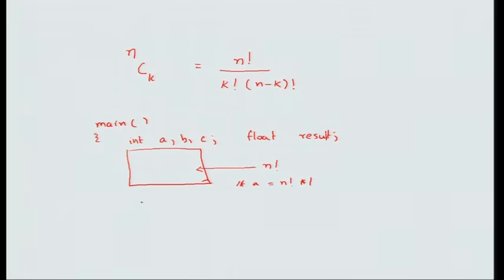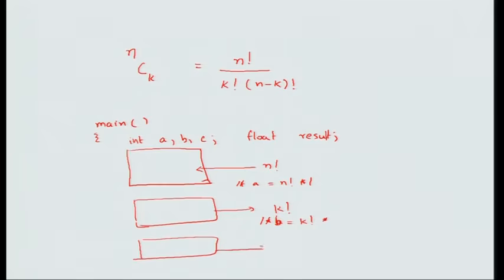Then I'll have another block of code which will calculate k factorial, and then this will say b equal to k factorial. And a third block of code will calculate n minus k factorial.